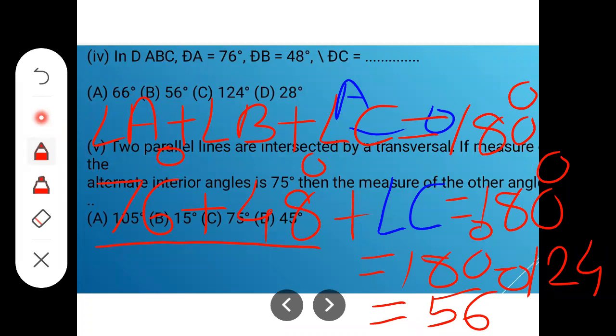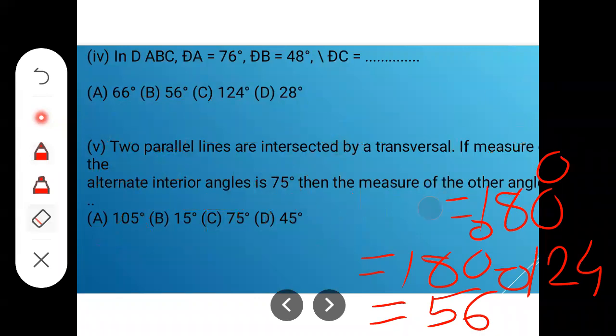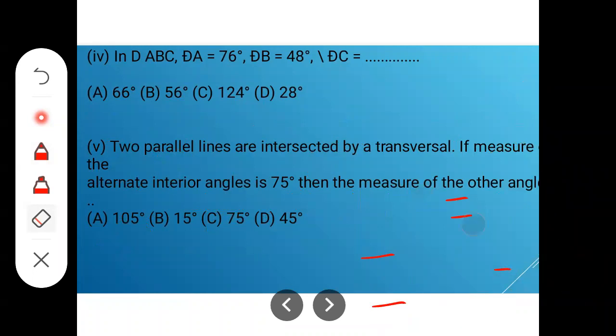If that is asked for 1 mark, then you have to do all the steps. Those are necessary to get marks. So here you will do it as rough work. Now our correct option is 56 degrees, right? So choose it, that is 56 degrees.